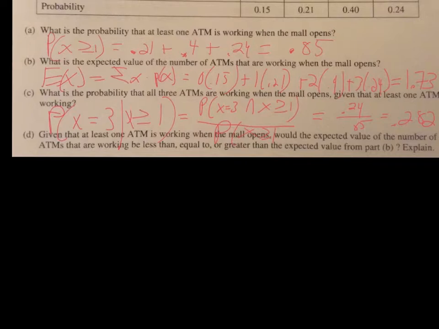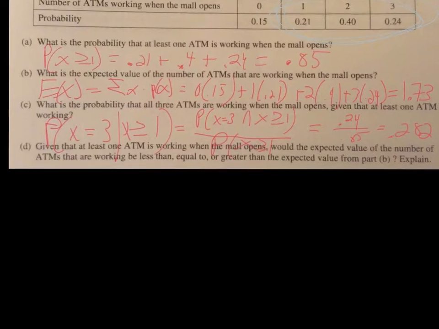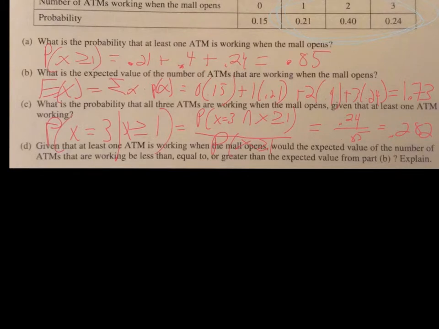So what would end up happening is my probability distribution would change, and it would be only out of these. In other words, only out of these would be my new normal, and the probabilities would change slightly. Let me just write down what I would say.